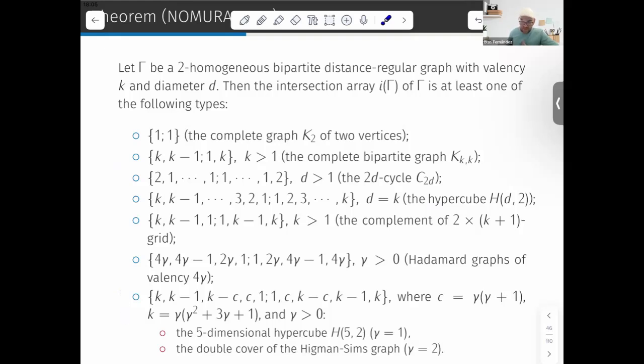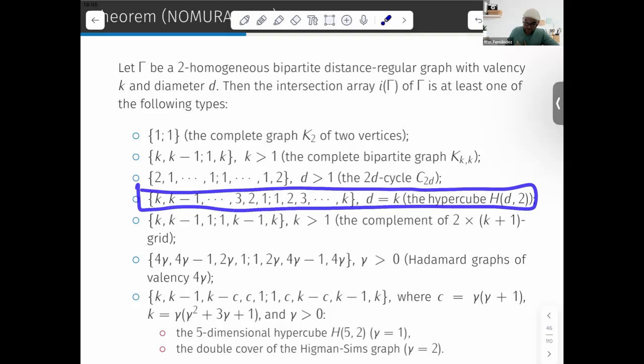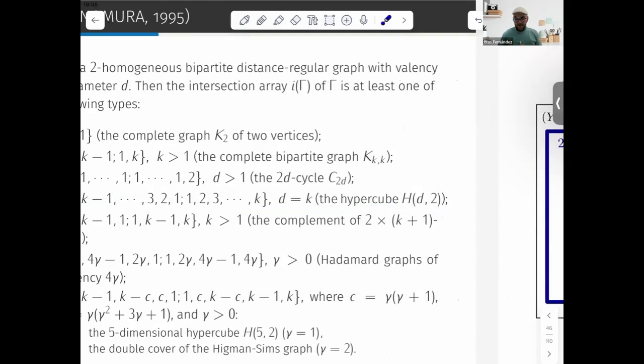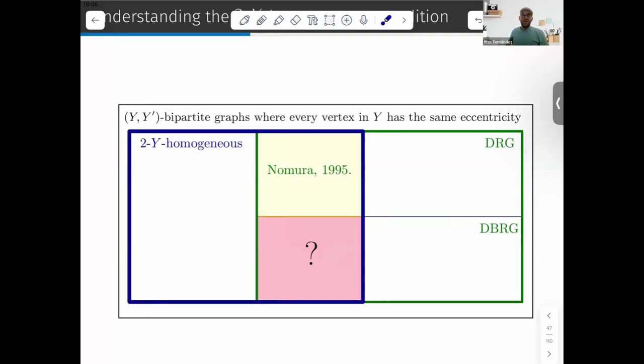And the only infinite family is this one, which is for c2 equal to 2. So now we understand two-homogeneous bipartite distance-regular graphs were classified by Nomura, and we already know all of them. At least we have the classification, and we can study it if we want.